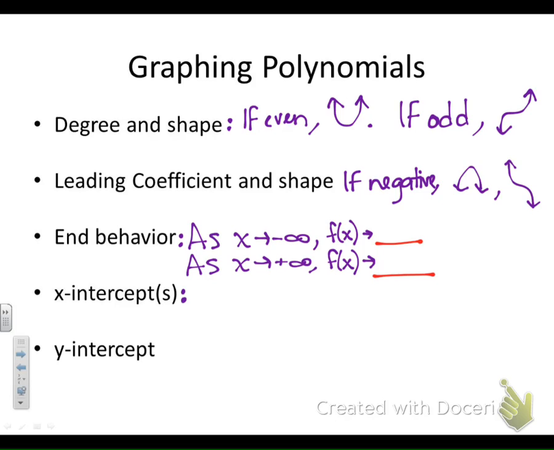X-intercepts are where we're going to have to use the strategy about factoring. X-intercept notation is where you have a number, comma, 0 as a point. Sometimes we may have more than one of those. Y-intercept notation is when you have 0, comma, whatever your y-coordinate is. And notice what I'm using as the y-coordinate since we're dealing with this new notation now.